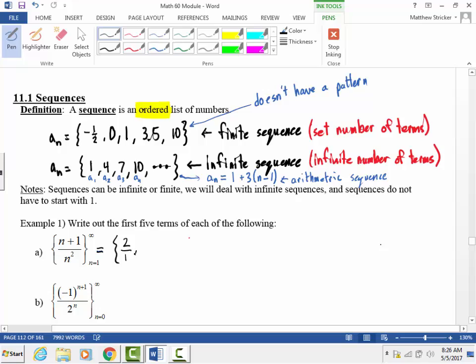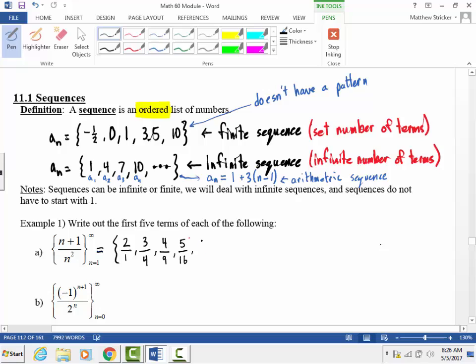What would the second term be? 3 over 4. Everybody all right with what I'm doing here? Third term, you add 1 to it, you get 4 over 9. Next one, 5 over 16.